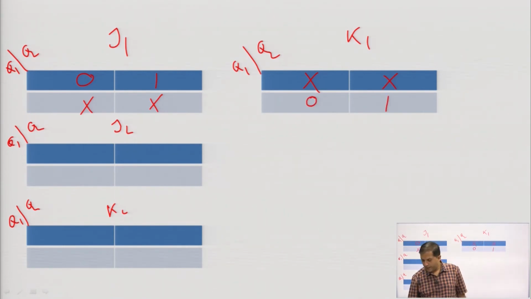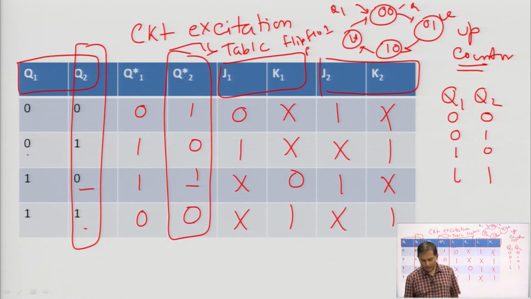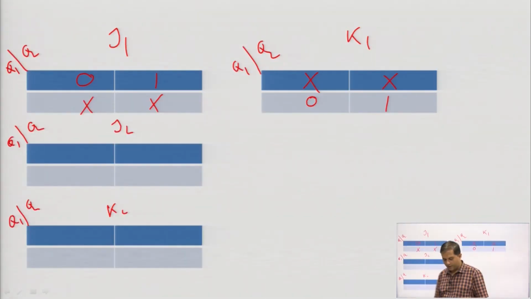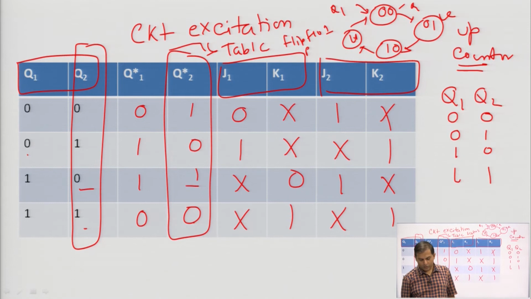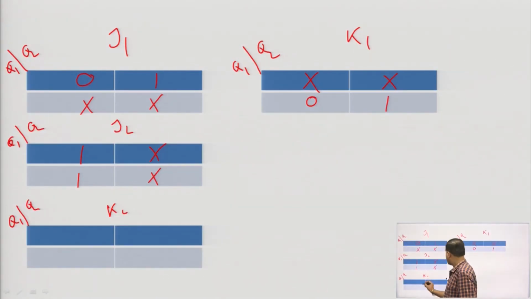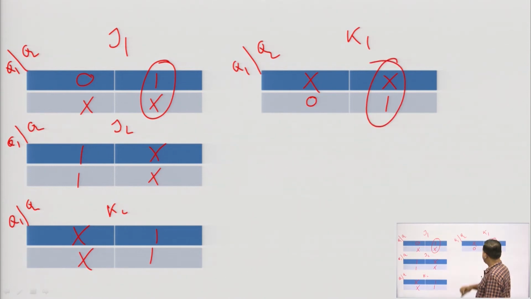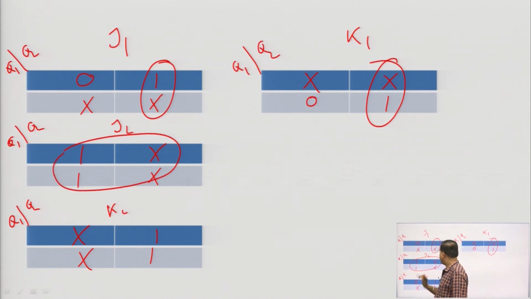For J2 we have 1 cross 1 cross, and for K2 we have cross 1 cross 1. The K map is done. Now, we have to group the ones and crosses. So, here only one group is made for J1, here also one group is made, and here all 4 will be one group, okay.